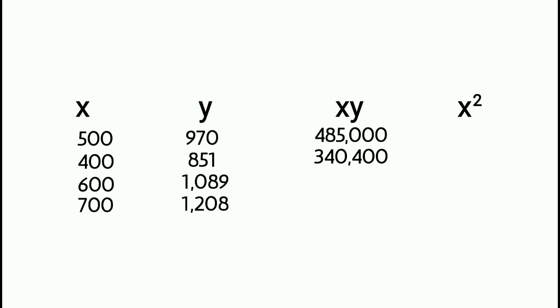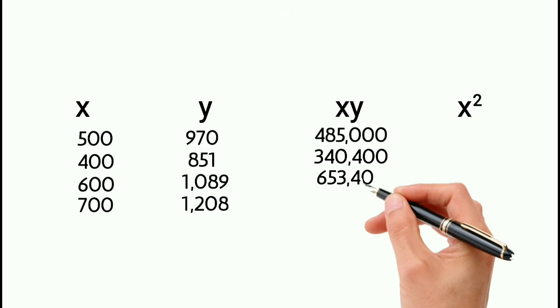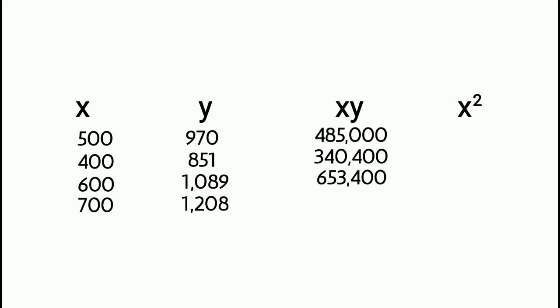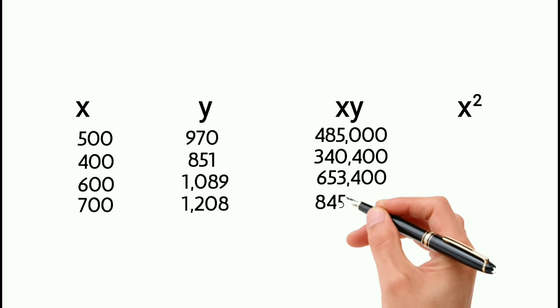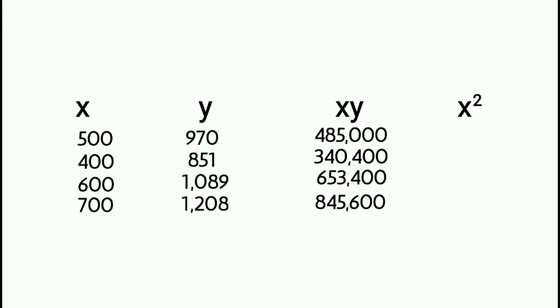Next, 600 times 1,089, ilan yan? 653,400. And last, 700 times 1,208, that is equal to 845,600. Next, X raised to the power of 2. 500 times 500, that is equal to 250,000.